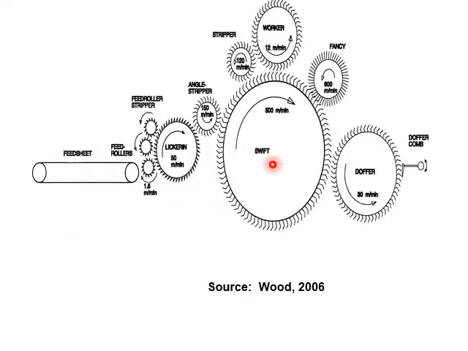This is the schematic diagram of the essential components of a card. The material is fed from the feed sheet, feed rollers, licker-in, feed roller, stripper, angle stripper, worker, fancy. This is the swift, the main cylinder, and the doffer comb, which makes an oscillating movement and makes the web out of the fibers coming from the doffer.